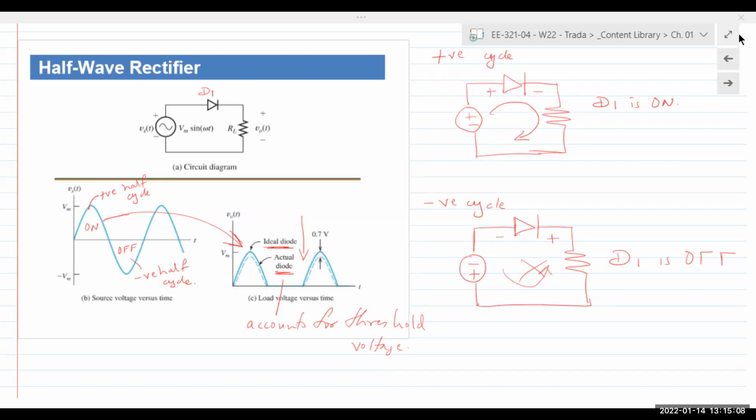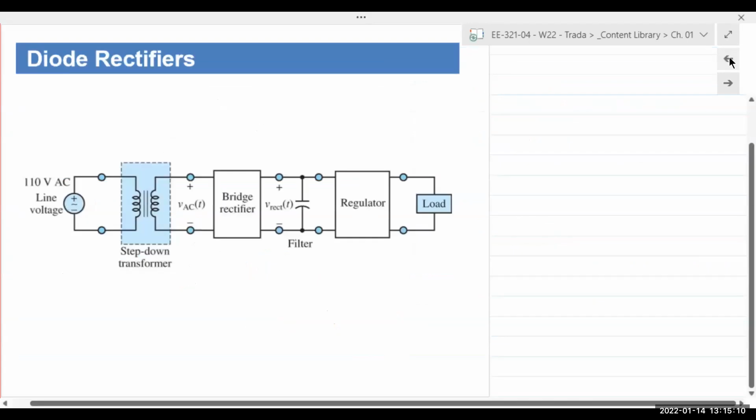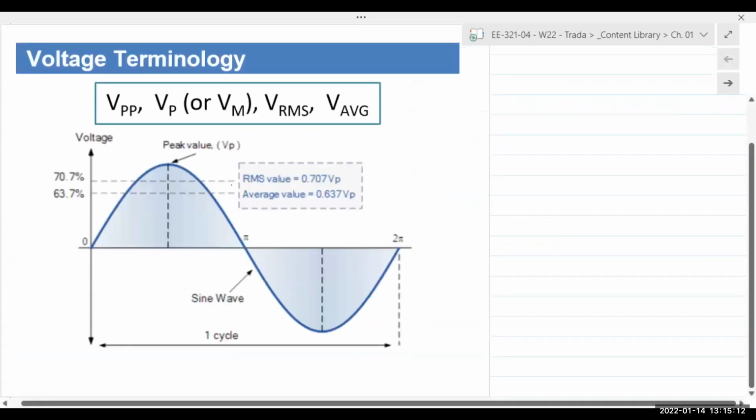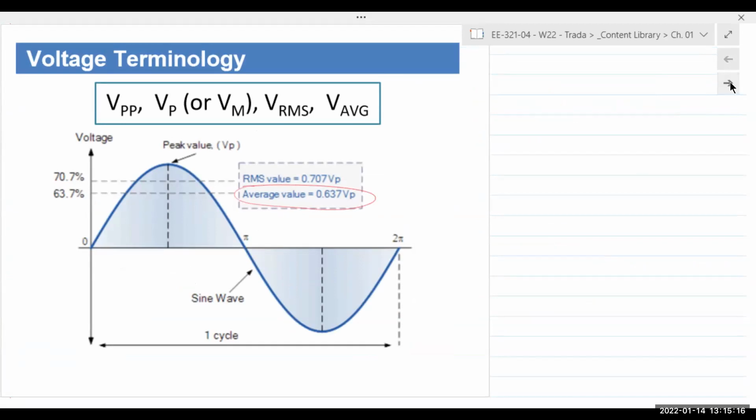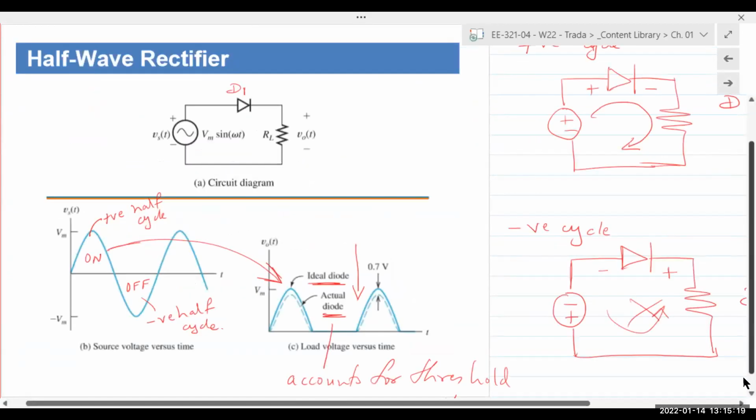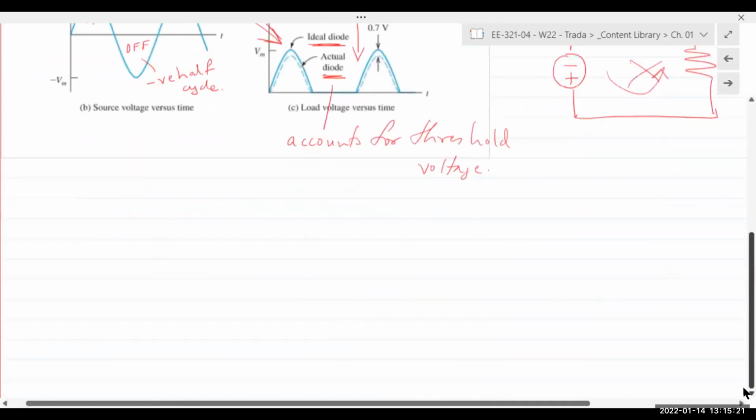And that average voltage, for a full wave, is around 0.367 of the peak. But for a half-wave rectifier, the average voltage is around 0.318.